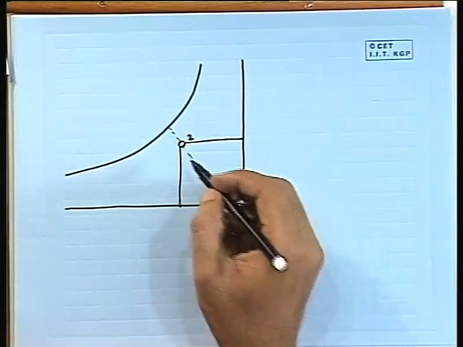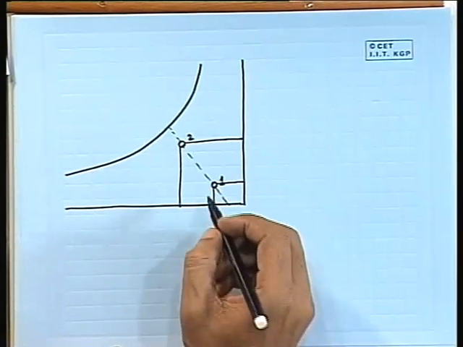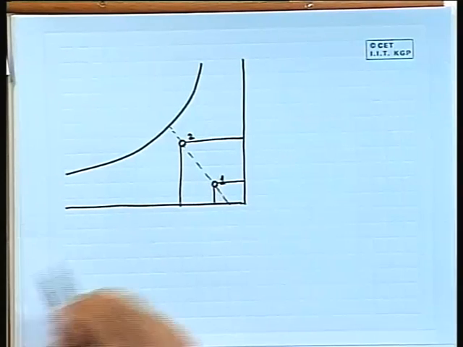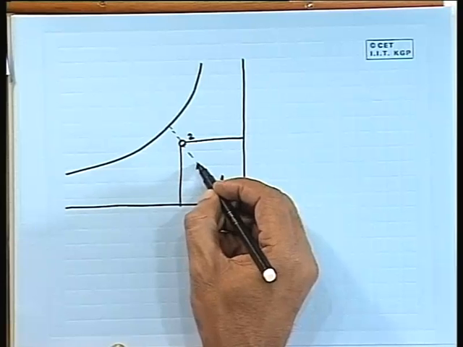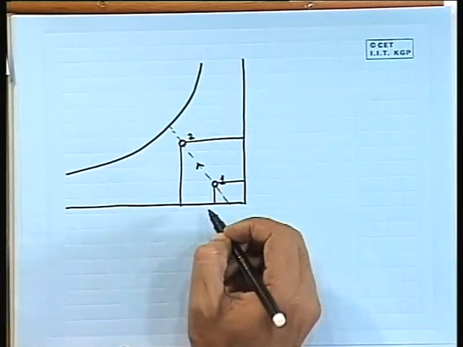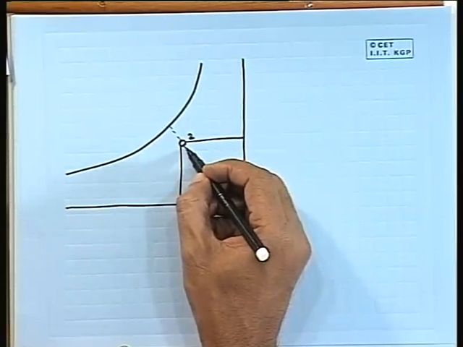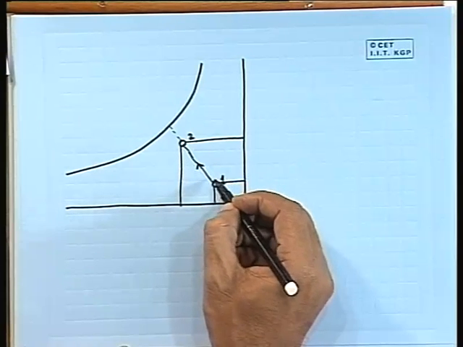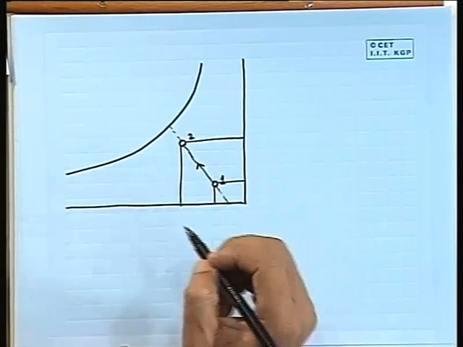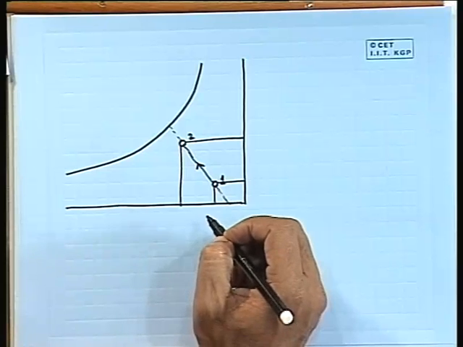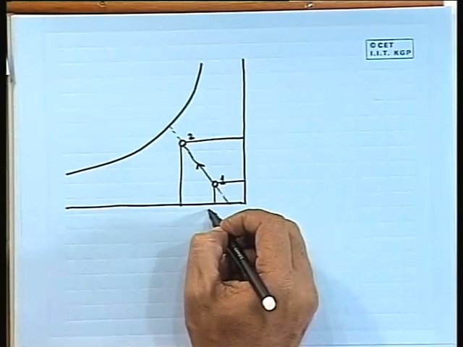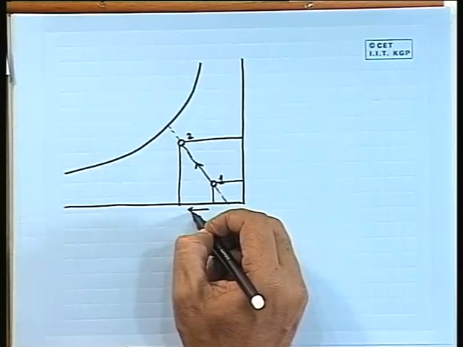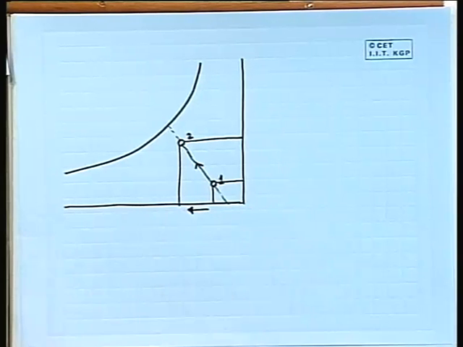One hint can be given here. You see between 1 and 2 what has happened? Let us say the process goes from 1 to 2. When it has gone from 1 to 2, there is a decrease in temperature, is it not?